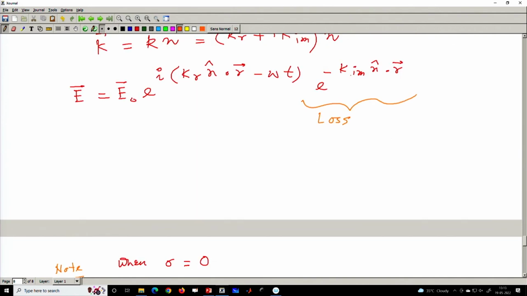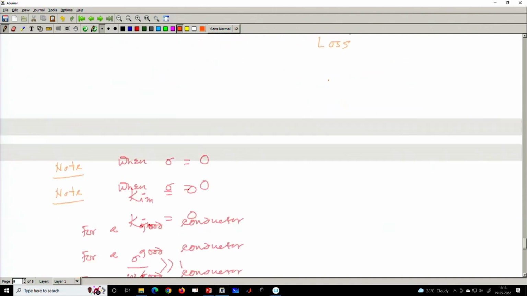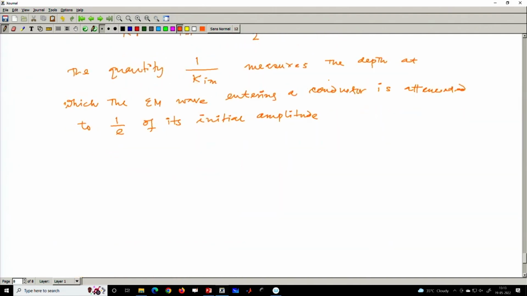So, if I have 1 by k im, then this term should be e to the power minus 1. If I put r in such a way that it is 1 by k im, then this loss quantity should be 1 by e. So, the amplitude will be reduced to 1 by e of its initial amplitude at the surface.